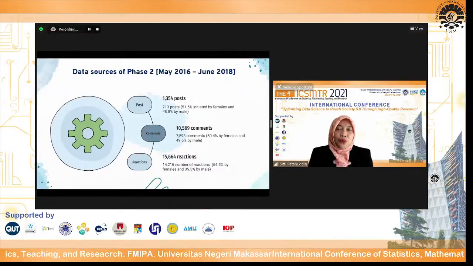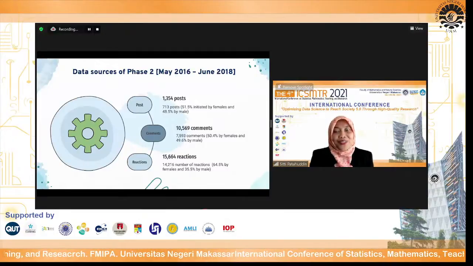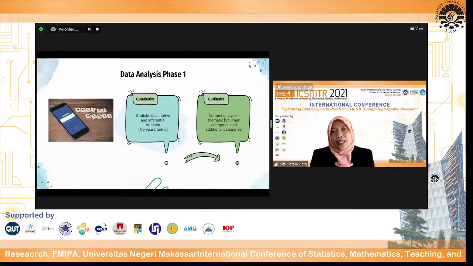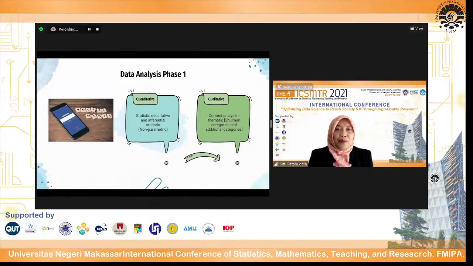Nah, tetapi untuk studi ini saya fokus pada postingan guru saja, yaitu sebanyak 713. Nah, analisis yang kami pakai itu adalah kuantitatif dan kualitatif tentunya. Kami menggunakan non-parametric analysis.